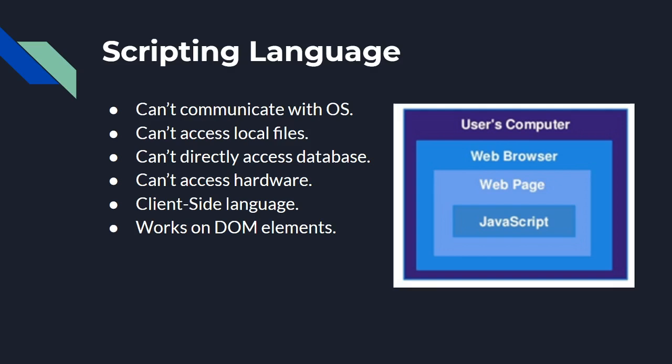Nope, sorry, JavaScript no can do. JavaScript is a very specialized web programming language, and it's client side, as I mentioned, and it works on document object models. The DOM will make sense a bit later. Don't worry so much about that now.